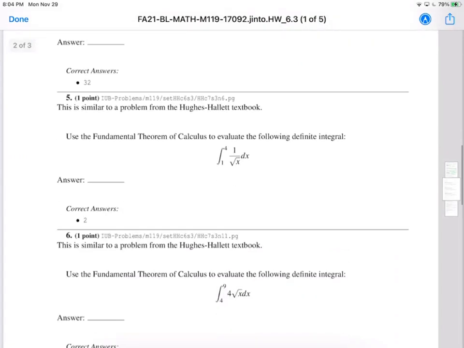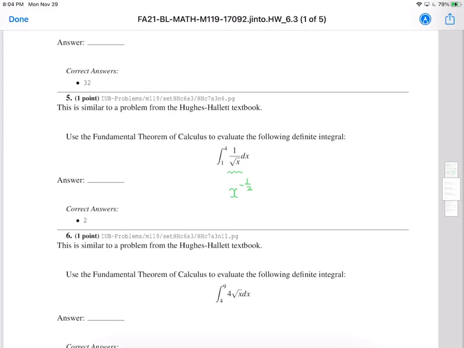Number 5, again, we want to compute this definite integral using the four integral techniques from the previous section 6.2. So let's express this in standard form: x to the negative 1/2.